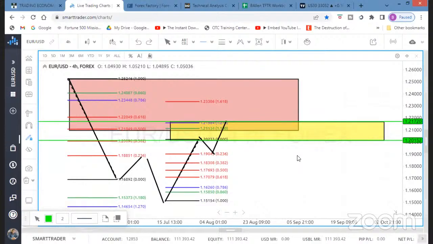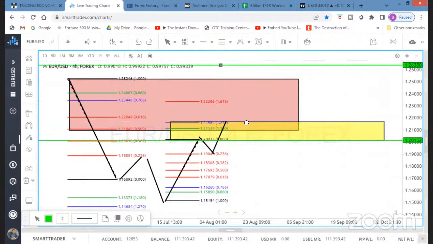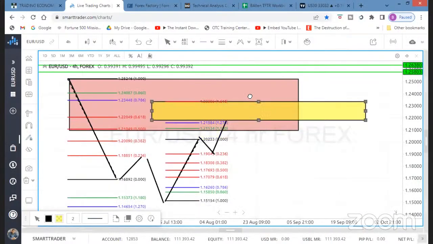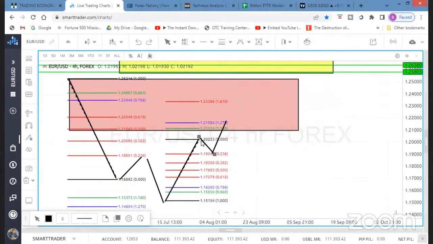So oftentimes you'll get this, where you'll have a new AB boundary, and you're looking at just like a classic harmonic type pattern where you'll have price kind of push down right off that AB boundary, and then it'll pull back like this.